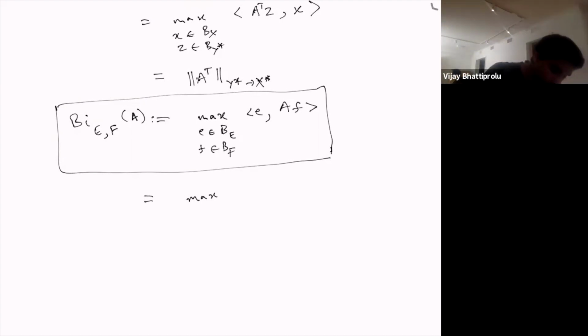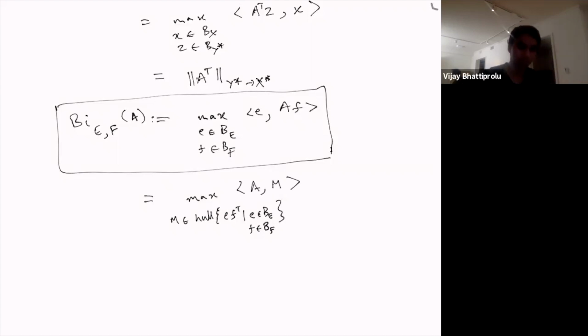So we can relax it to consider matrices in the hull of E F transpose such that E is in B_E, F is in B_F, of A inner product N. Because it's a linear function, maximizing it over a set or the convex hull of the set doesn't change the maximum. So this equality holds. We didn't do anything special there.